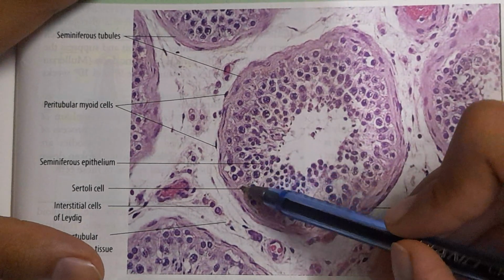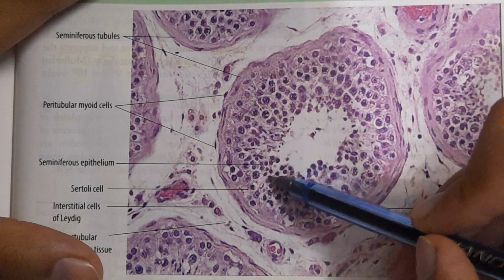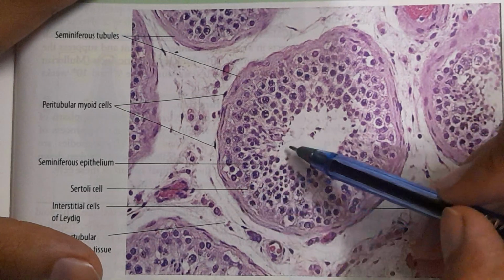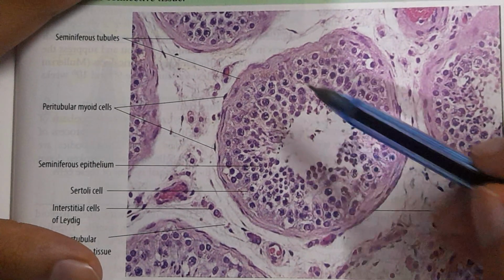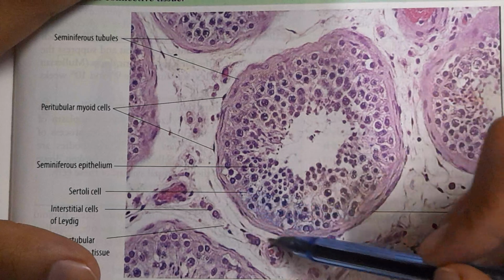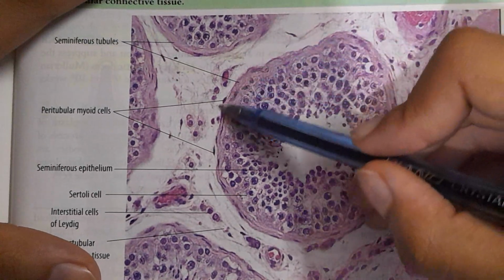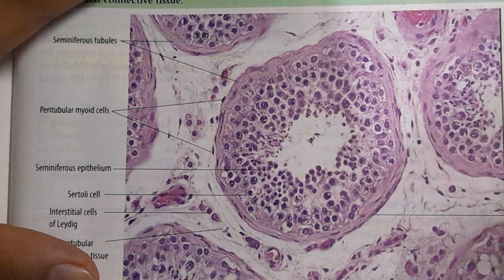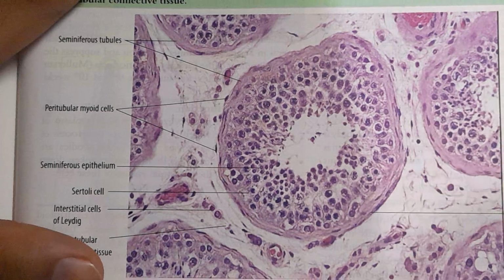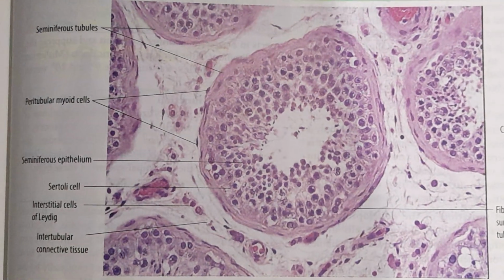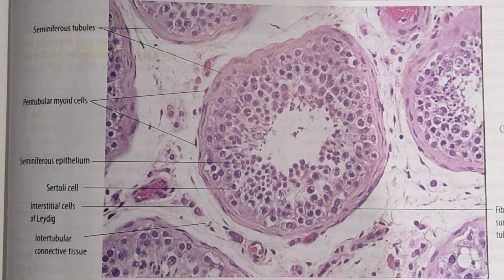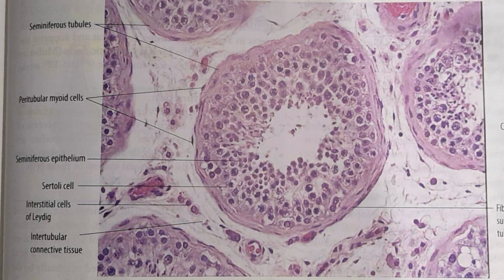And after the Sertoli cell, these are the spermatogonia in their developing stages. This is the lumen, and this whole surrounding region is the intertubular connective tissue, which is going to be filled with blood vessels. So this is how we understand the histology of the seminiferous tubules.